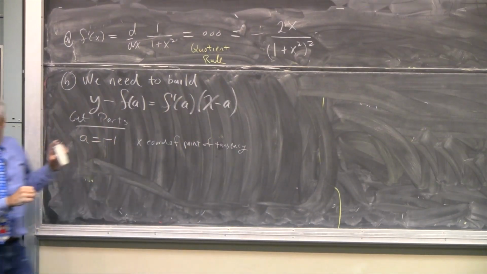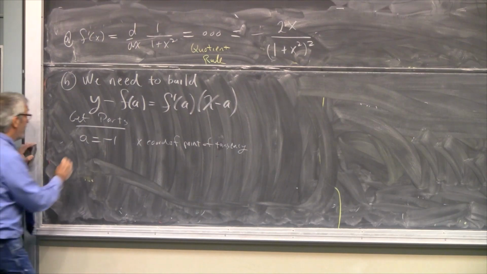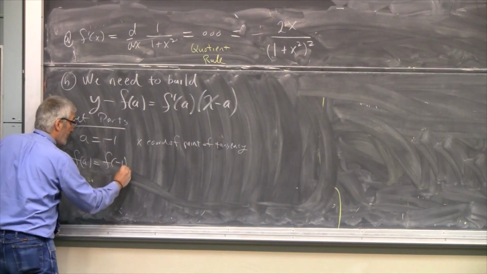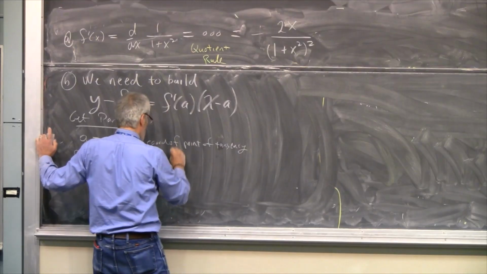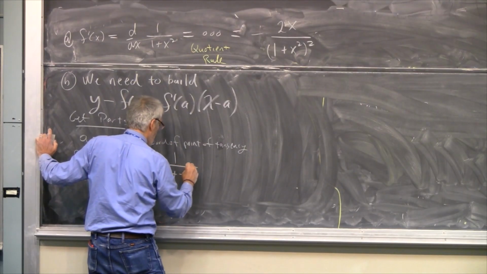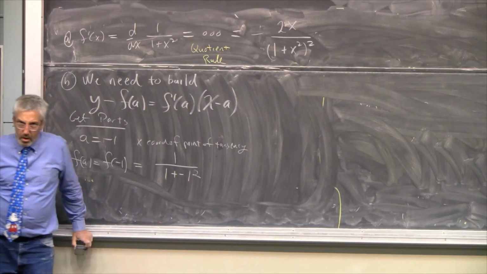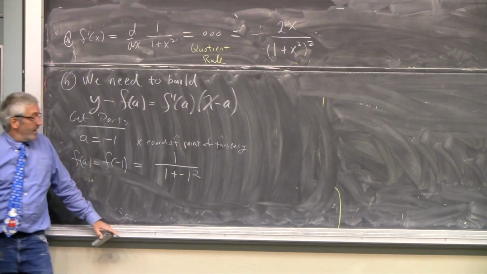Say again? The x coordinate of the point of tangent, right. And so our f of a can be f of minus 1. So I go get my function, 1 over 1 plus, how would I do? What is this expression here?